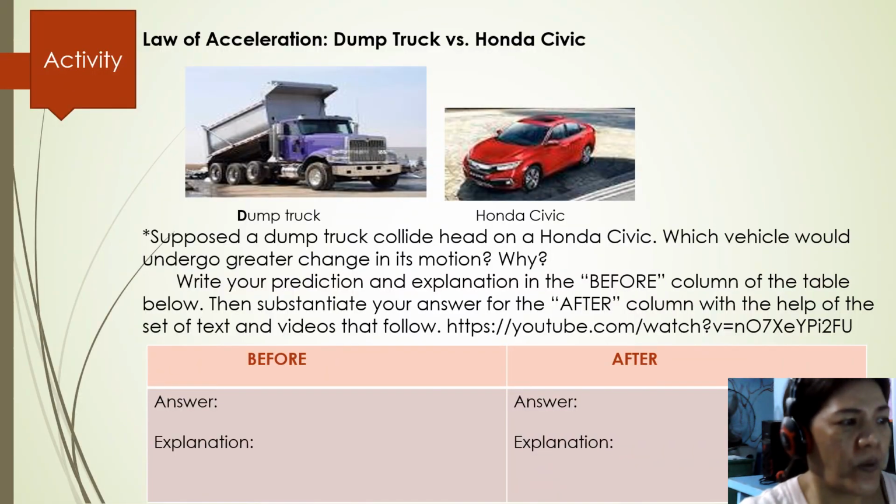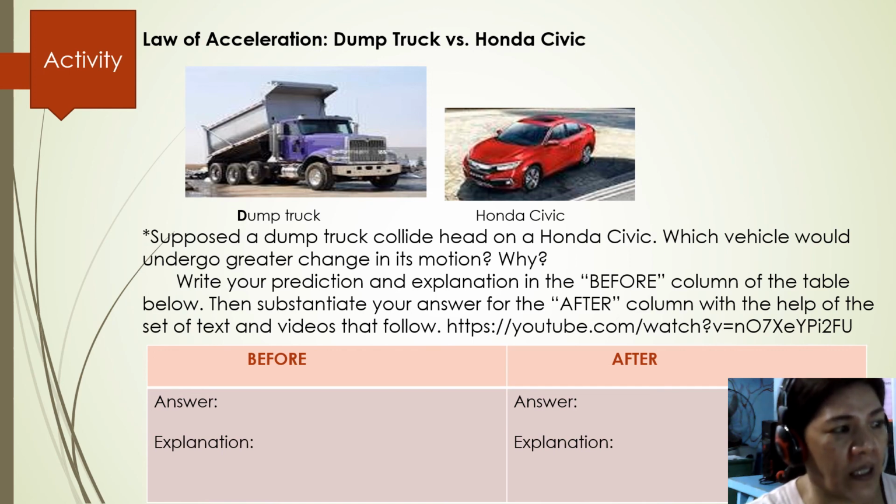Okay, so you have here an activity. Try to look at the picture and read and understand the situation. A dump truck and a Honda Civic. Suppose a dump truck collides head-on with a Honda Civic.